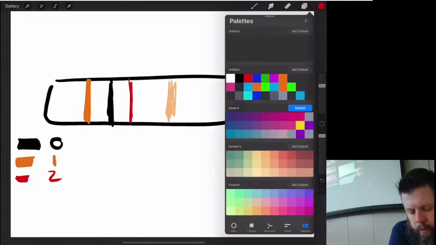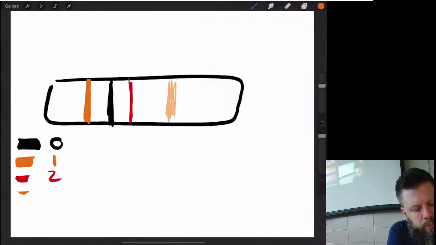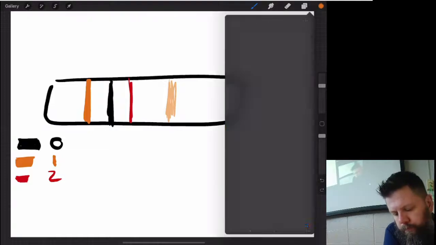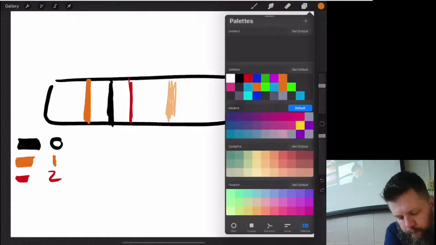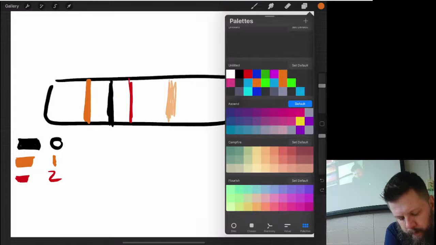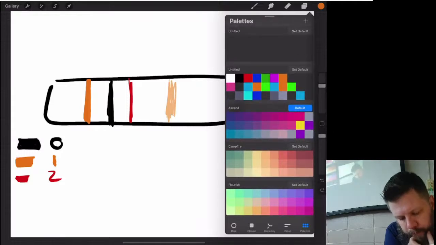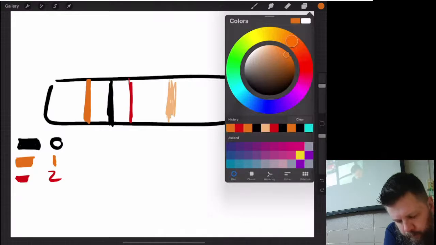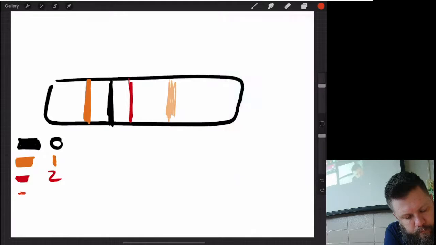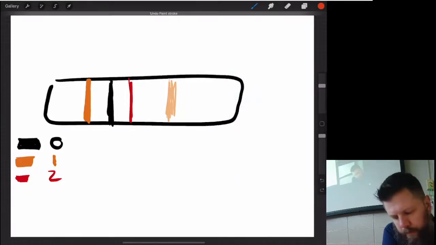Alright, so I want to get a more orangey orange. That ain't it. It's too red.